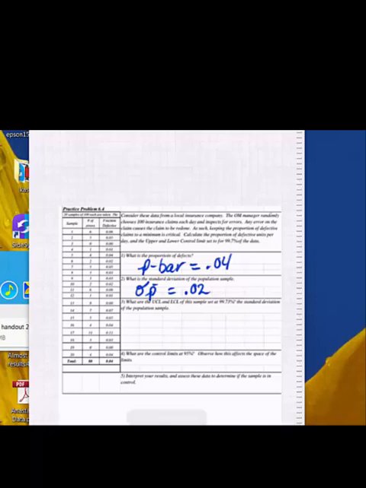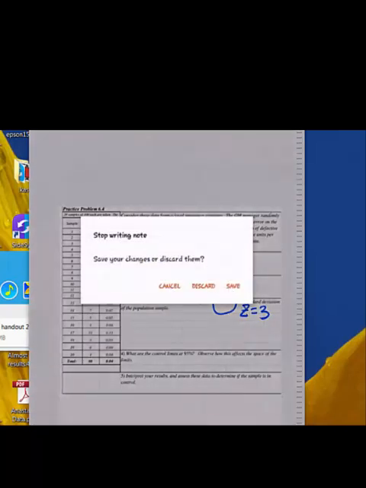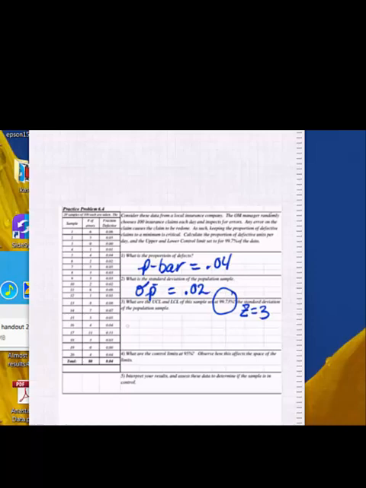So we know that this 99.73% means Z equals 3. So to compute the upper and lower control limits, the upper control limit will be P bar plus our Z value, 3, times the standard deviation of P bar.